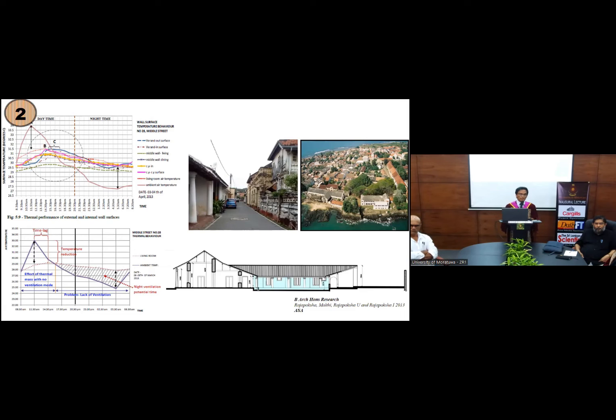The graph on top shows how its internal temperature is within the comfortable zone. The graph at the bottom shows the hatched area is the potential for night ventilation.